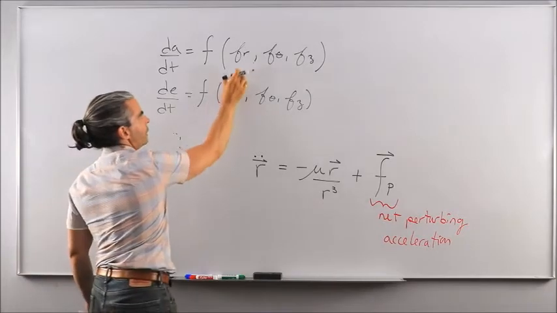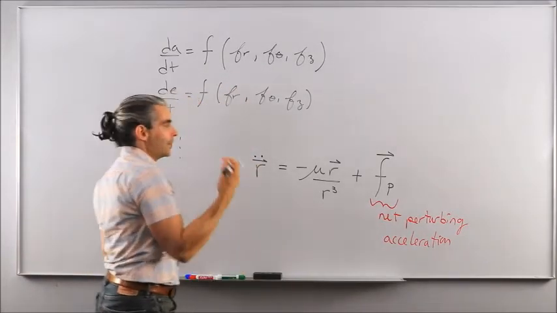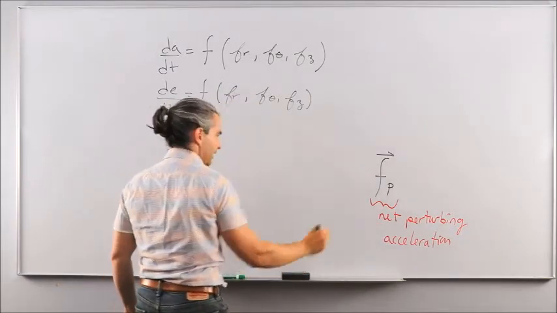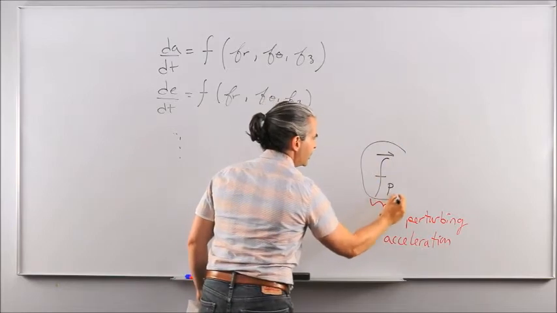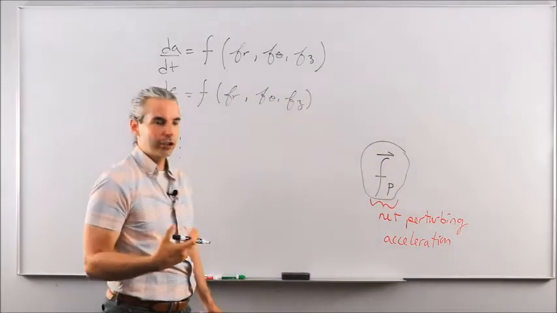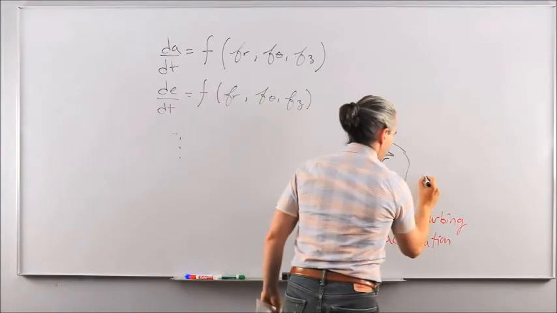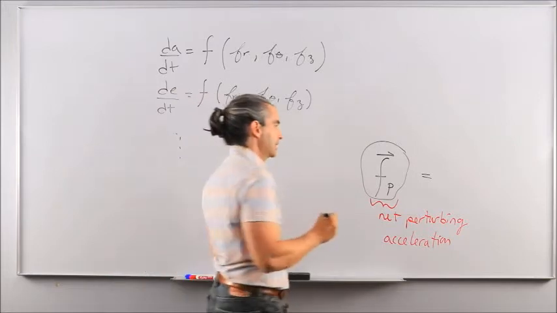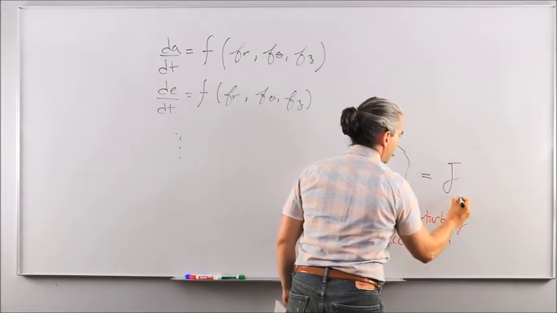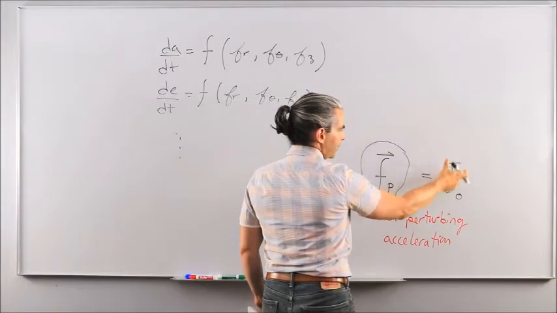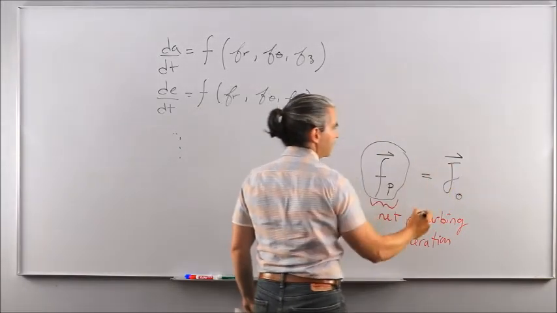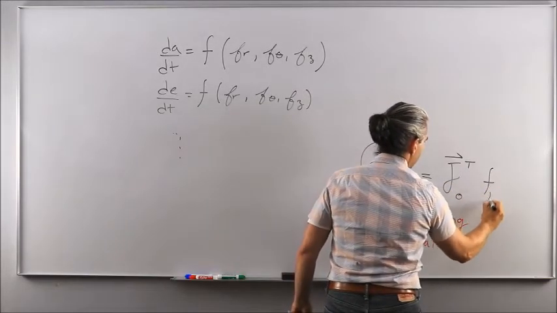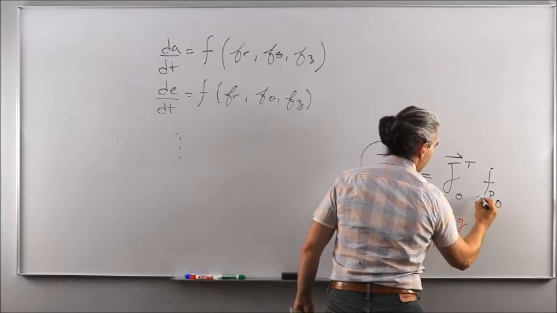Now, what are Fr, F theta, and Fz? Well, those happen to be the x, y, z components of this extra term, which captures the effect of all perturbations combined together. The x, y, z components of this vector, but in which reference frame? The answer is the orbital reference frame, denoted by our good old calligraphic capital F symbol, transpose, times Fp in the orbital reference frame.